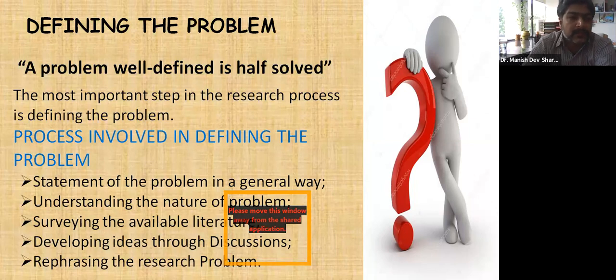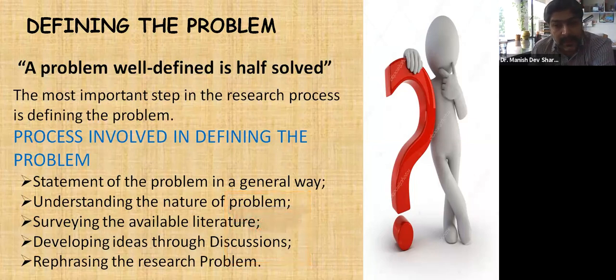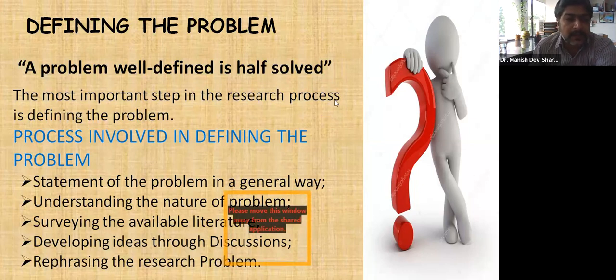It also helps you in surveying the available literature and developing the ideas through discussion. So you can discuss with your fellow colleagues and with your seniors to find out how it can be further solved. Similarly, we can have rephrasing of the research problem.